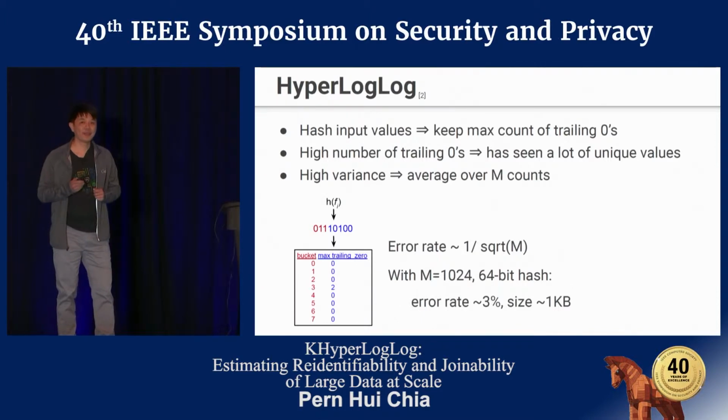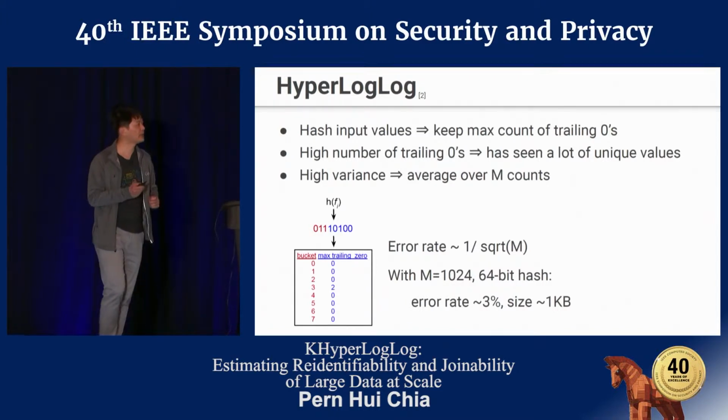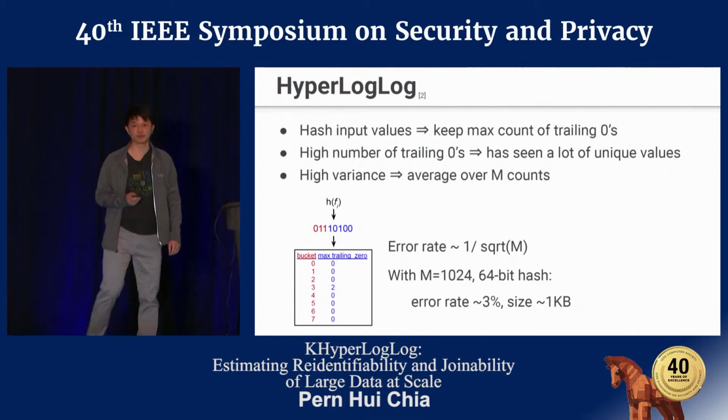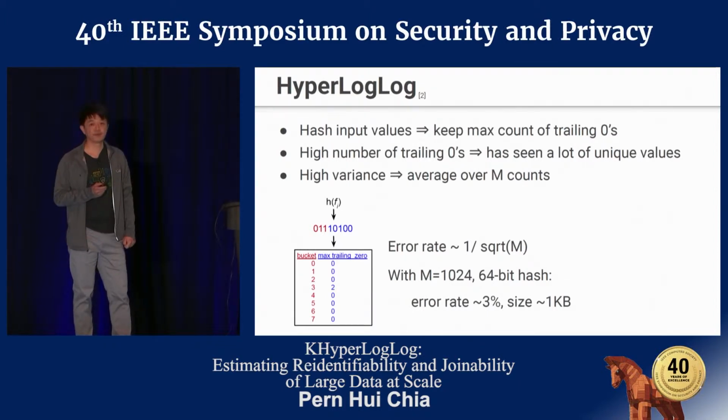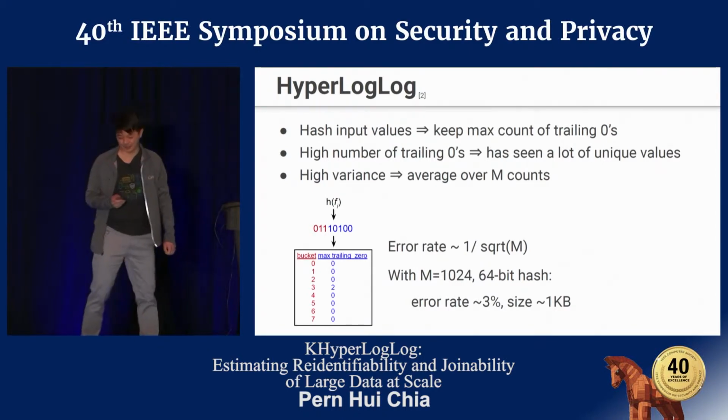For all the values in the data stream, it will first hash the value, and it reserves some bits of the hash value for identifying which counter it should contribute to, and the rest of the hash value for counting the number of trailing zeros. It has a very similar error rate as k-minimum values, but notice that the size is smaller than that needed by k-minimum values. The memory footprint required is 1 kilobyte as compared to 8 kilobytes.